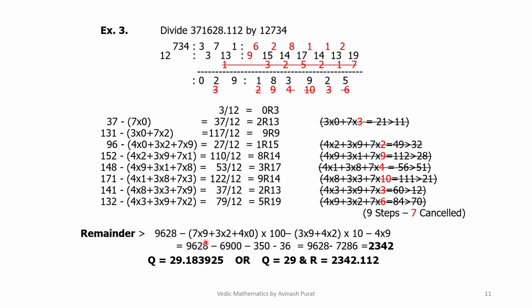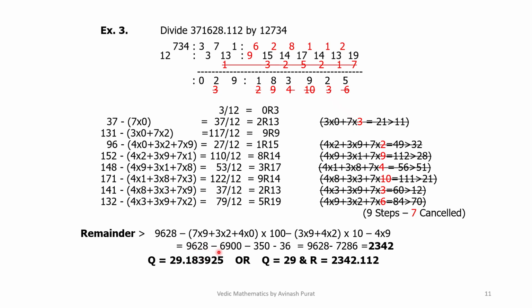That is 9628 minus 79, the 63 plus 6 is 69 into 100, 6900, 27 plus 8 is 35 so 350, and this is 36.